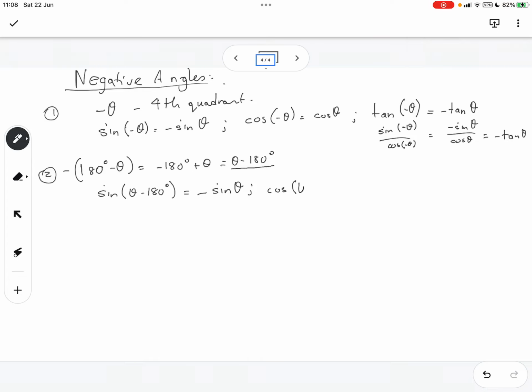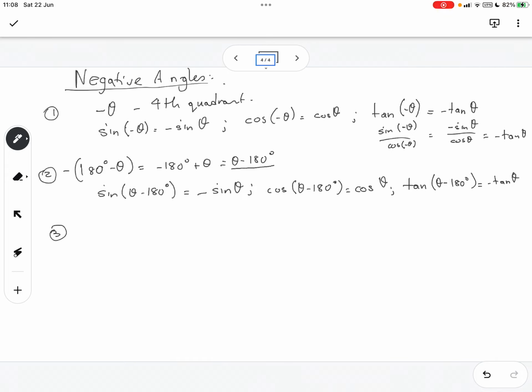The cos of theta minus 180 degrees becomes cos theta, because that's a fourth quadrant angle and cos is positive. And lastly, the tan of theta minus 180 degrees will be negative tan theta.